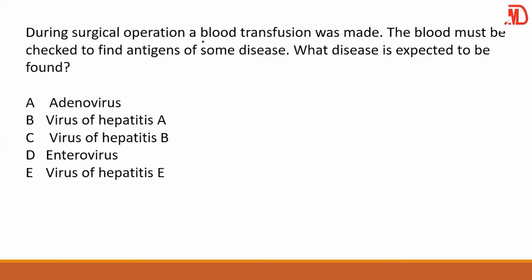During surgical operation, a blood transfusion was made. Please underline blood transfusion. The blood must be checked to find antigens of some diseases. What disease is expected to be found? What it means is that among all these viruses, which one of them is transferred by blood?